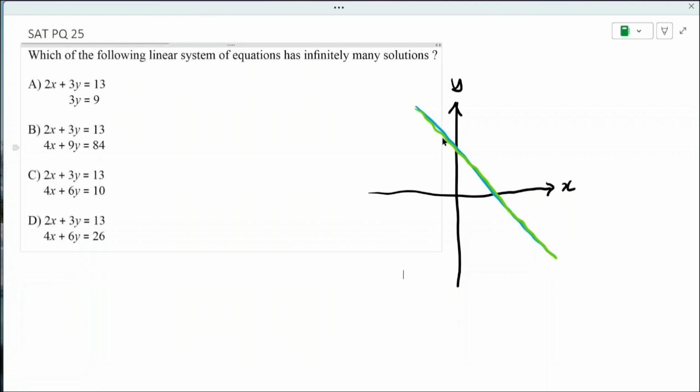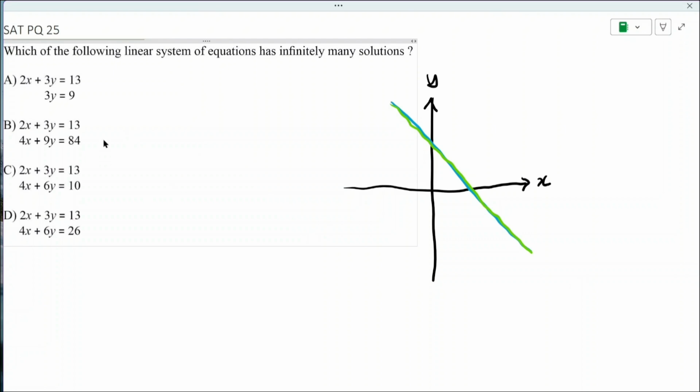That's what it means to have infinitely many solutions. And in this case, these lines have the same gradients and the same y-intercept. They both cross the y-axis at the same point. It's just the same line.